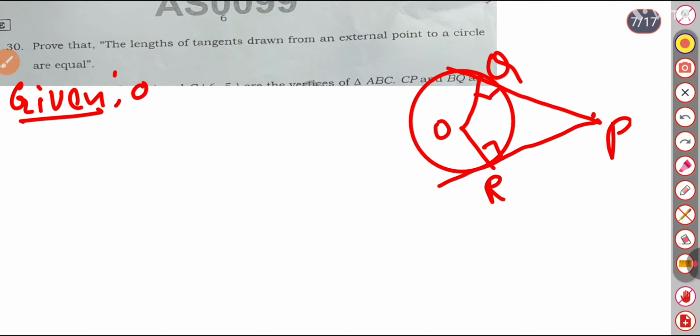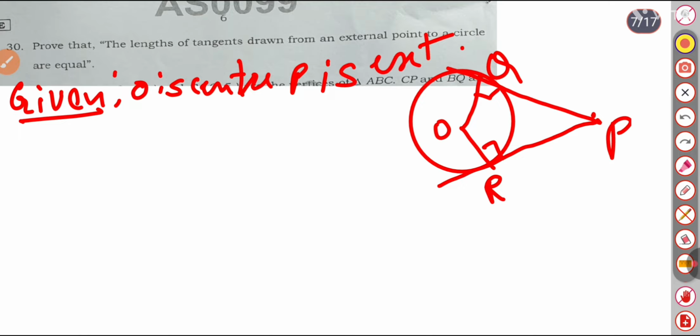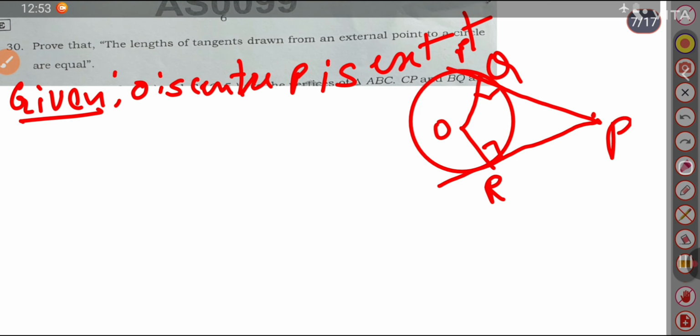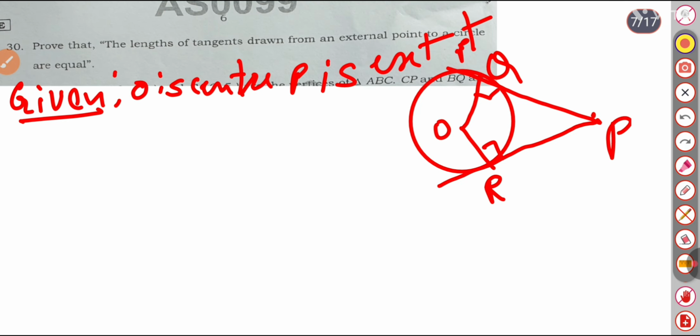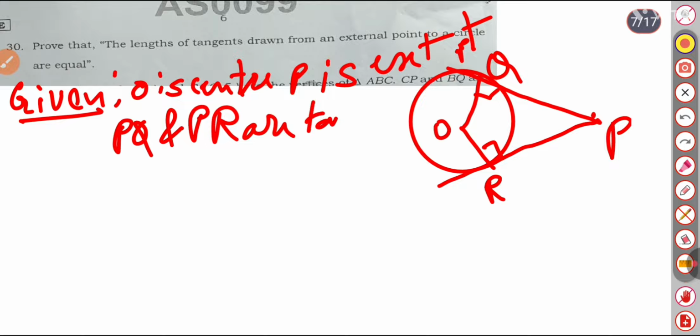O is the center of the circle, P is the external point, and PQ and PR are tangents.